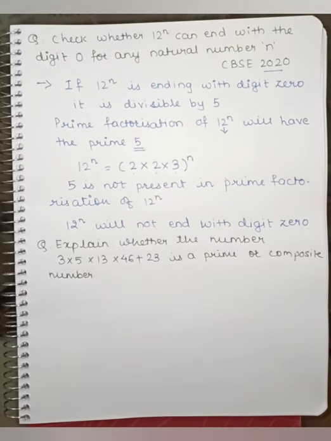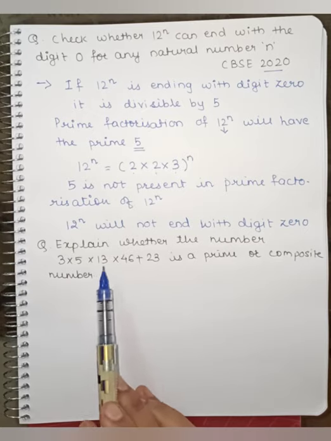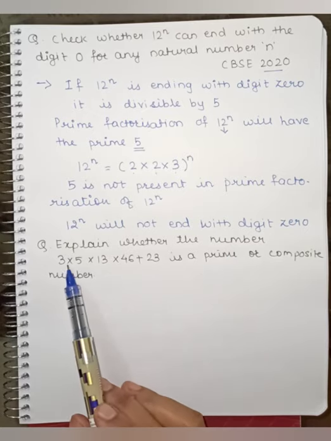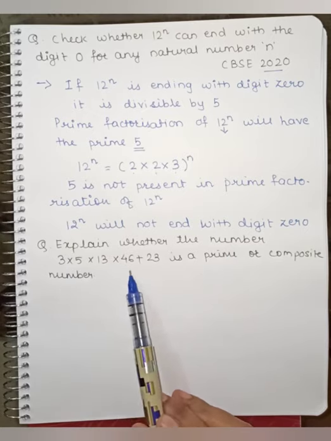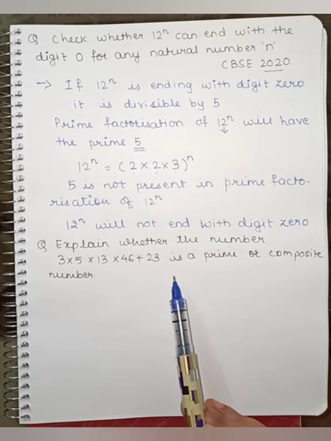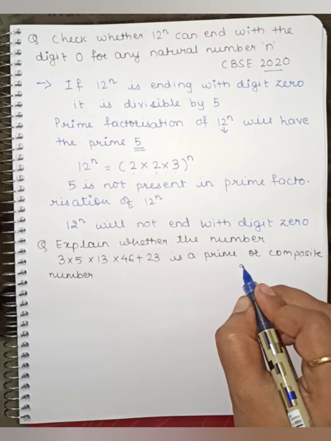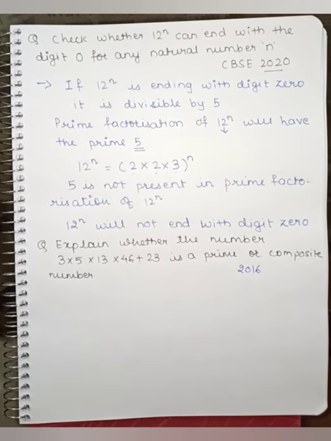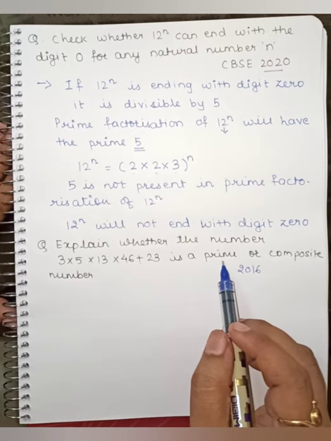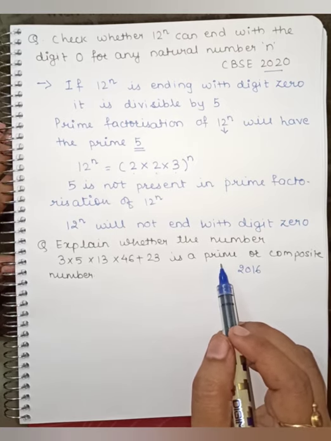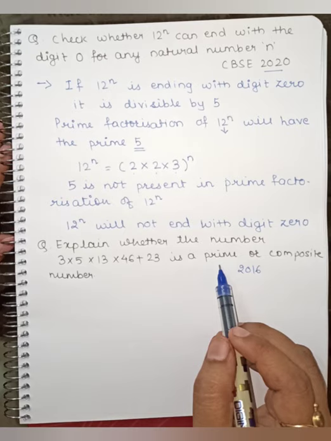Now the next question is, explain whether the number 3 into 5 into 13 into 46 plus 23 is a prime number or a composite number. Okay, so this question was asked in the 2016 CBSE exam. As we know, any number is said to be prime when it does not have any factor other than 1 and the number itself.